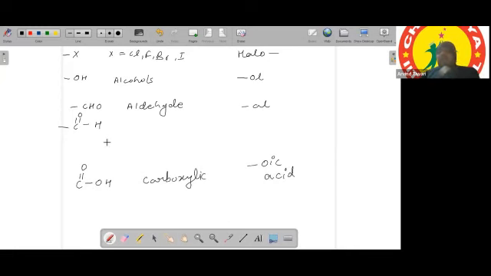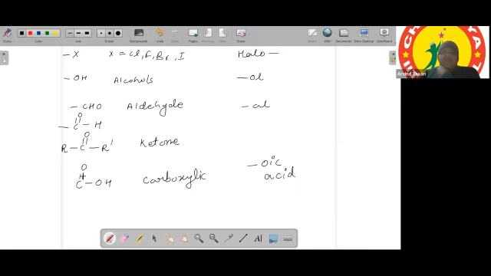Similar to the CHO group, or the aldehyde group, there is a similar group, that is ketone. In a ketone, the carbon is attached with oxygen, and on both sides you can have any alkyl group.